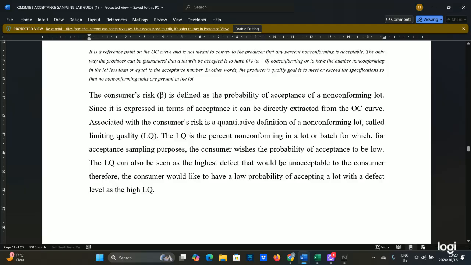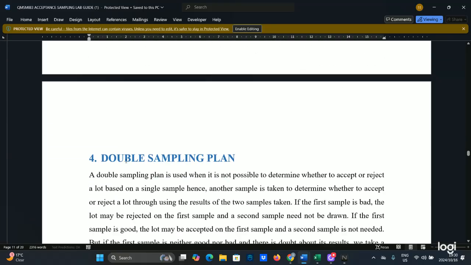As we have an acceptance number, the limiting quality is used to help you determine your C value. Your C value is sort of a cleaned up version of the limiting quality.